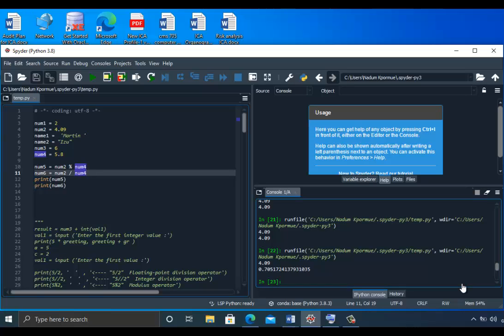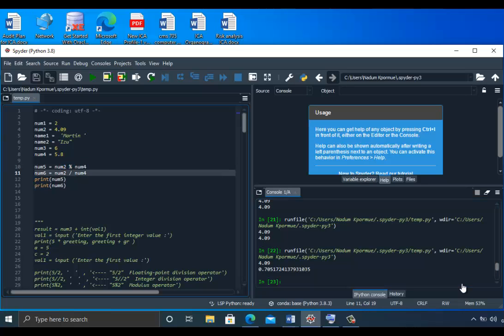So the remainder of this operation is 4.09. That is to say, this statement is saying how many 5.8 can you find in 4.09. Whatever remains is 4.09.